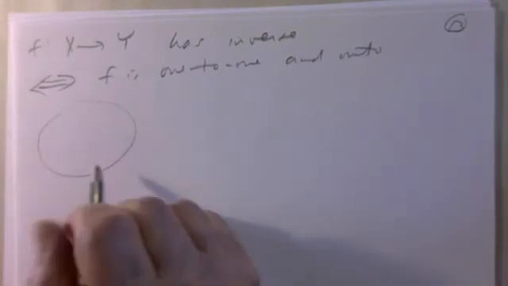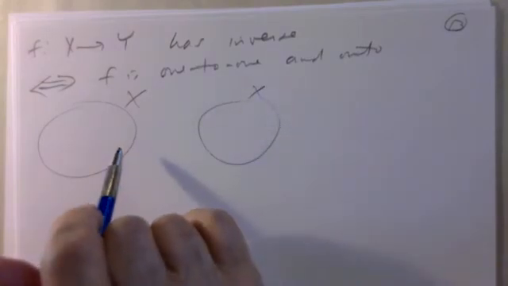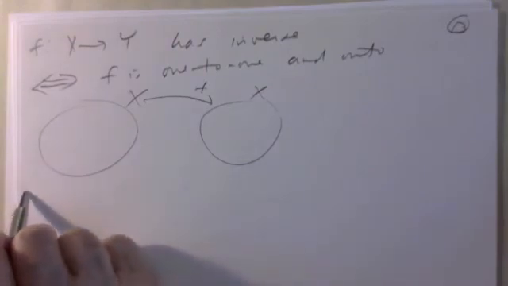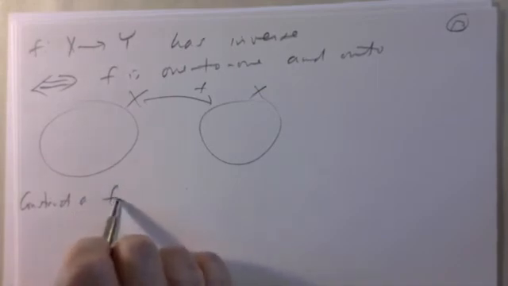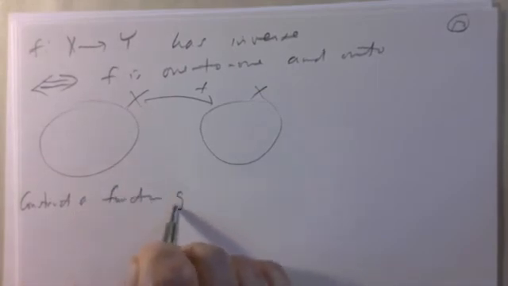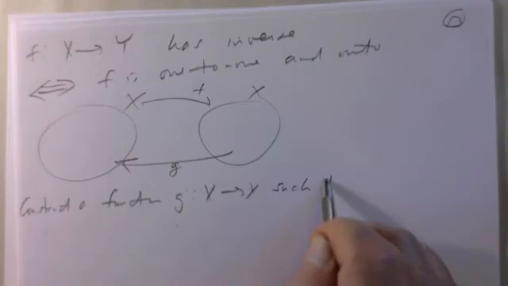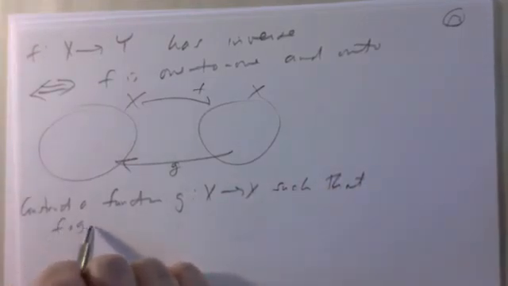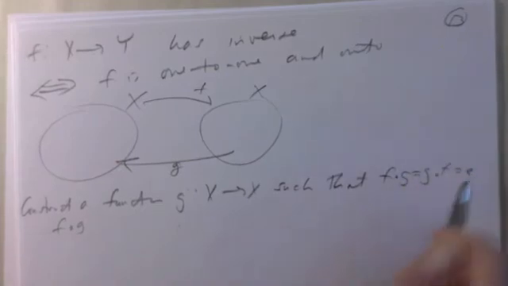So here we have our set X, and here's X, and we have this function f from X to X. I want to construct a function g from X to X such that f composed with g and g composed with f are the identity.